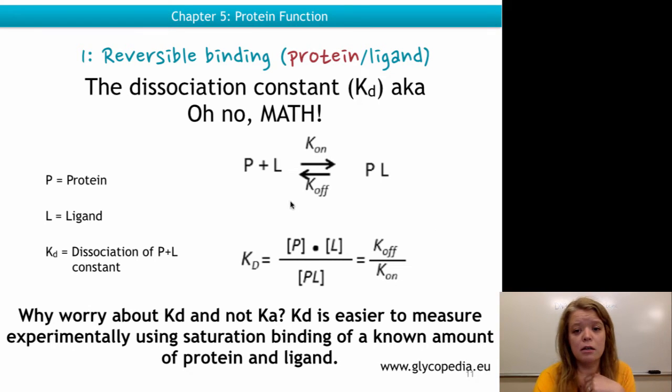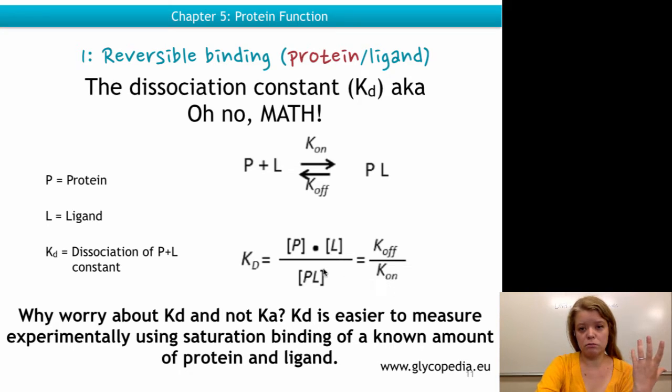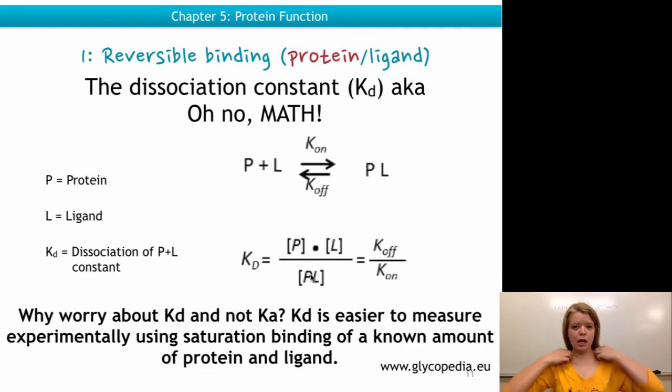In this case, the equation is really simple, and you can see that the Kd, the dissociation constant of the interaction, is the ratio of K off to K on, or the concentrations of the protein and ligand separately versus the protein and ligand together. And you can calculate both Kd and Ka, but most of the time Kd is calculated since it's simply easier to calculate.